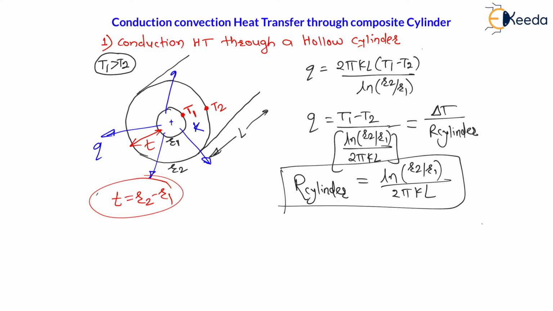Now if this thickness is very small, then we can say R2 becomes almost equal to R1. Therefore ln of R2 divided by R1 almost becomes equal to ln of 1, which is equal to 0.